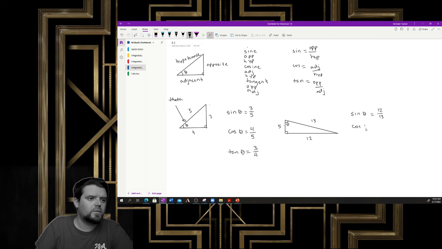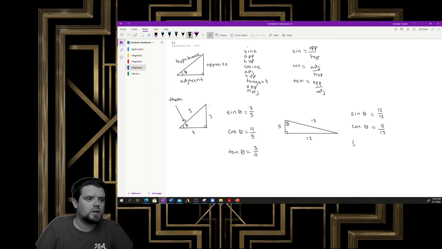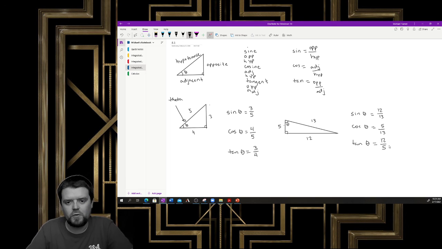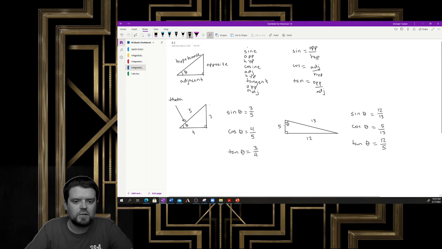Cosine of that angle, 5 is touching, 13 is the hypotenuse, so that is 5 over 13. And tangent of that angle, opposite is 12, adjacent is 5. So your answer is 12 over 5. That's all you have to do for this section.